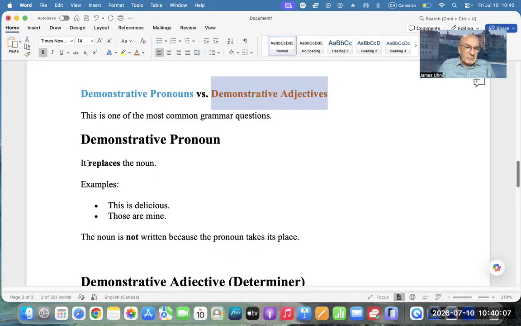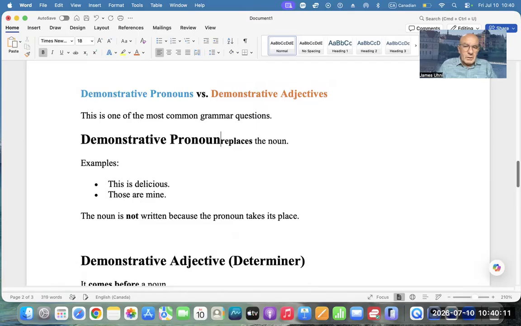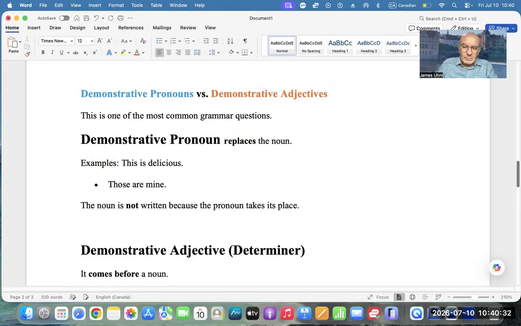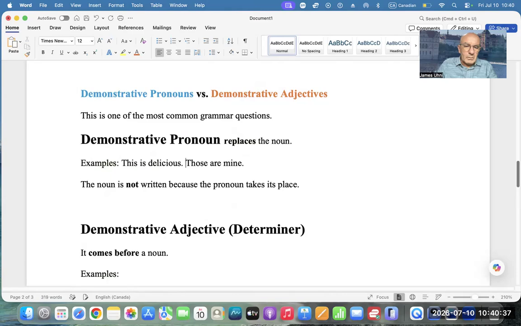Demonstrative pronoun replaces the noun. And here are examples. This is delicious.